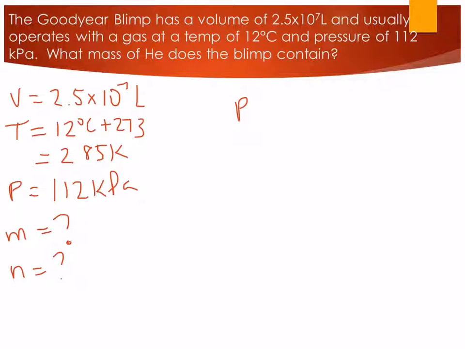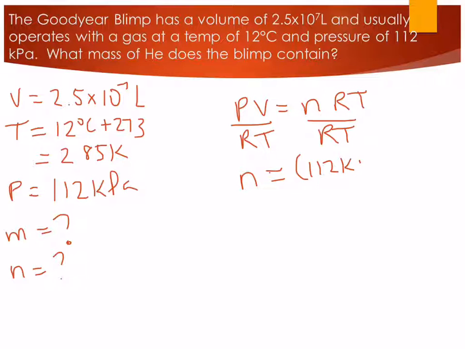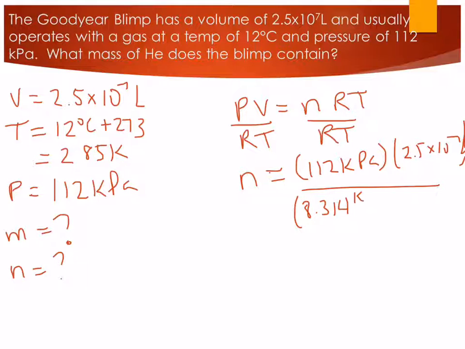So our formula is PV equals nRT. If we want to rearrange that for moles, we would be dividing both sides by RT. And then we can sub our information in. So we have 112 kilopascals, our volume, 2.5 times 10 to the power of 7 liters, all over our R value, 8.314 kilopascal liters over moles Kelvin, and our temperature 285 Kelvin.